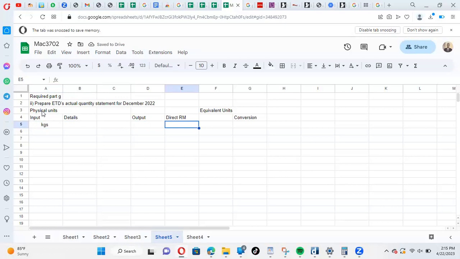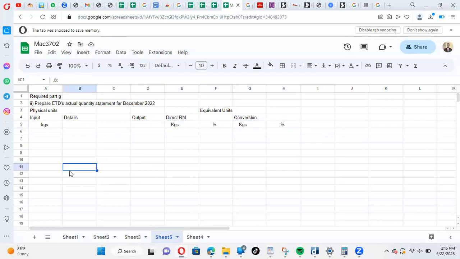And then for our direct materials, it's going to be kgs on this side. Let's put it in the middle. Kgs on this side, and then over here, we want our percentage. So this is what we do also on this side, so we can as well copy that there. That's what we basically do.